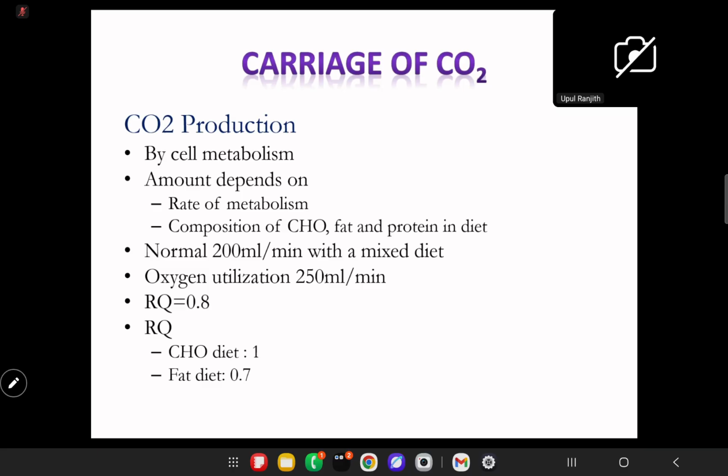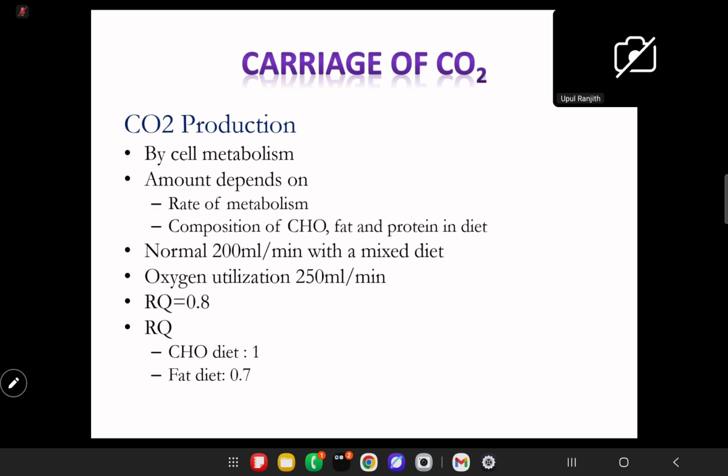Carbohydrate has carbon, hydrogen, and oxygen. When they react with oxygen, they produce carbon dioxide and water only. Therefore, an equal amount of carbon dioxide is produced.